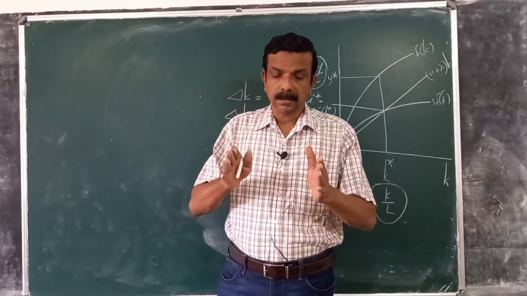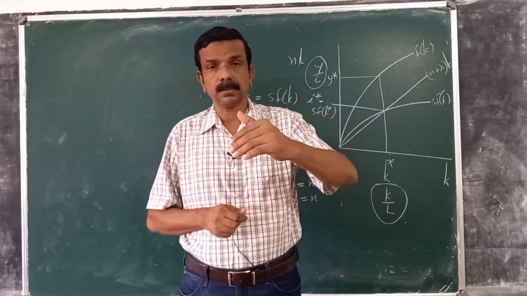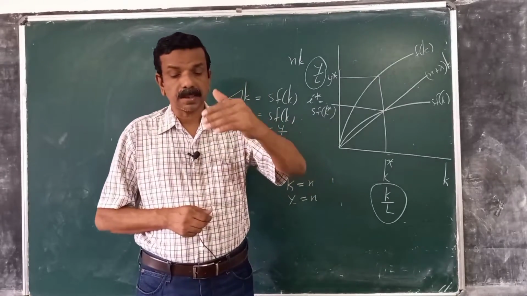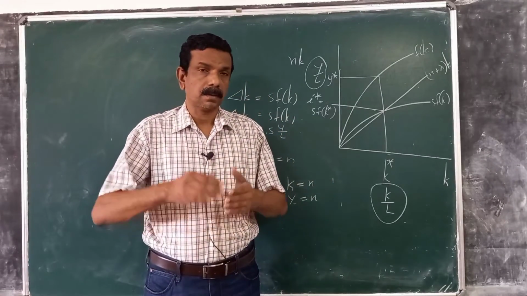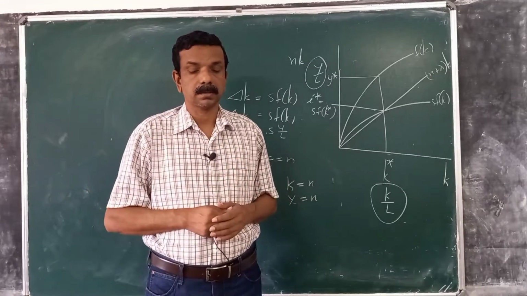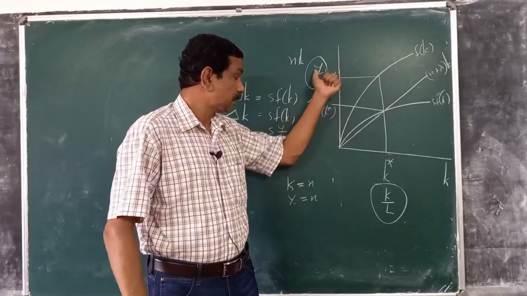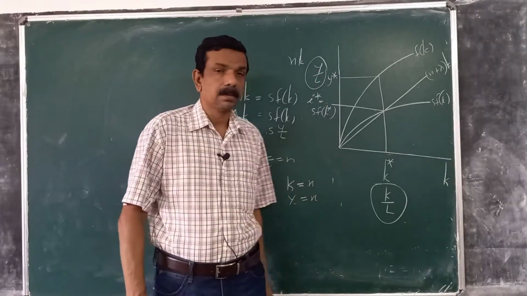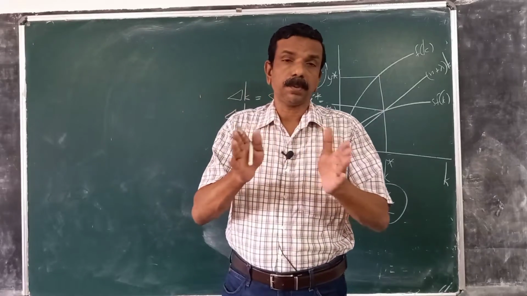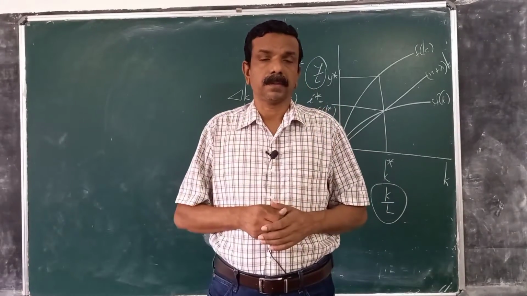So, the addition of population to the Solow model helps us to explain sustained increase in total output, but it cannot explain why output per person is growing.